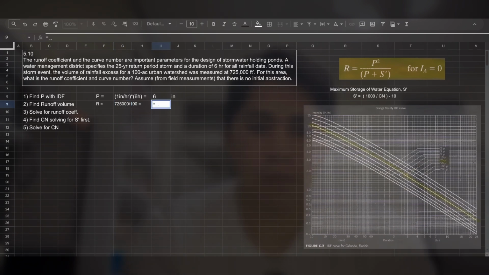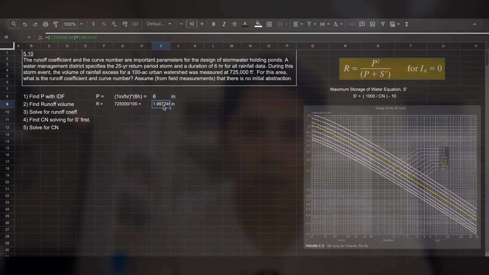We need to convert that, 1,000, and convert those acres into feet and then inches. So we're going to multiply this by 12. I'm just looking at my notes right now so I don't make a mistake, and then divide all of that by 43,560, and that's going to give us inches.